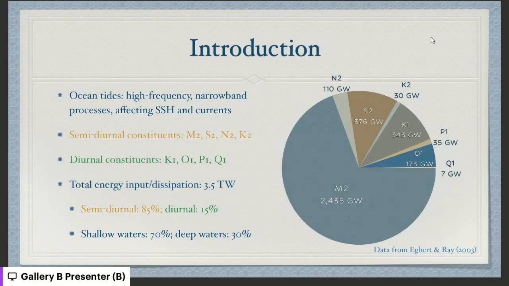Among all the tidal constituents, the M2 tide is by far the largest, which accounts for about 70% of the total tidal energy input. In contrast, the largest diurnal component, the K1 tide, is only about 10%. In terms of the tidal energy dissipation, 70% is dissipating in the shallow waters, and the other 30% is in the deep ocean.